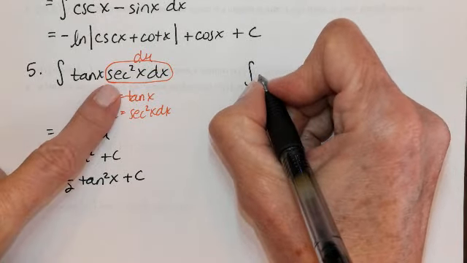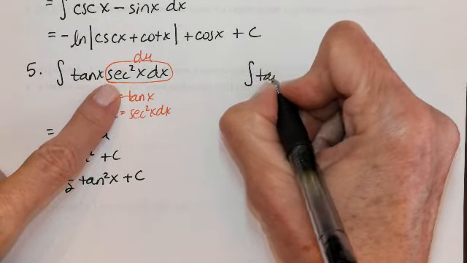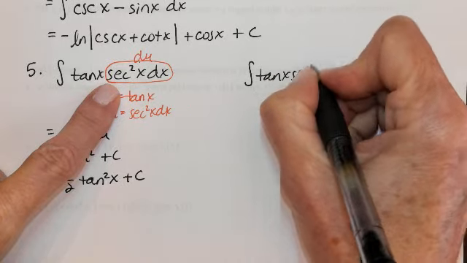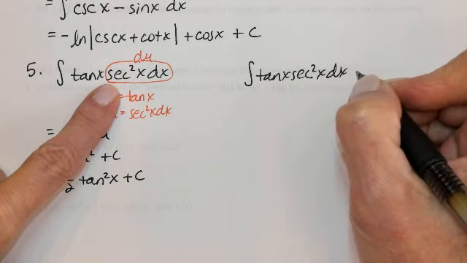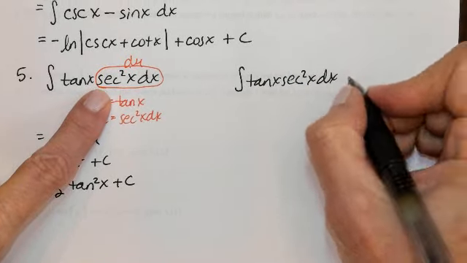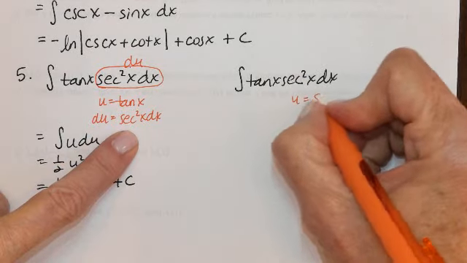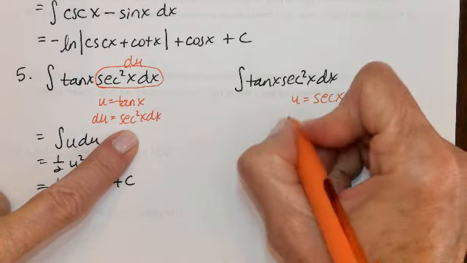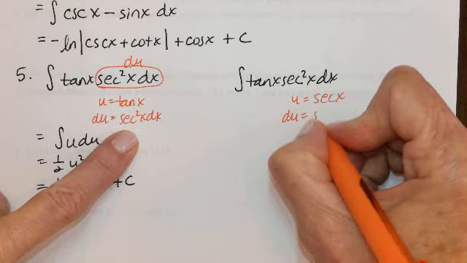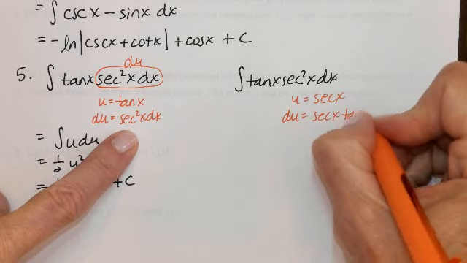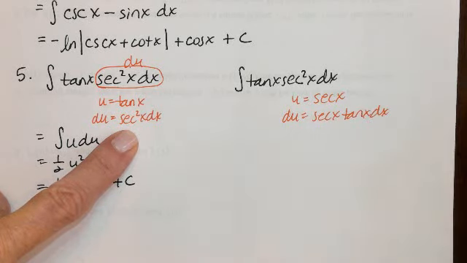To do it the other way, I will write this exactly the same. Okay? So to do it this way, I'm using u is equal to secant x. Then du is secant x tangent x dx, which I do have there.